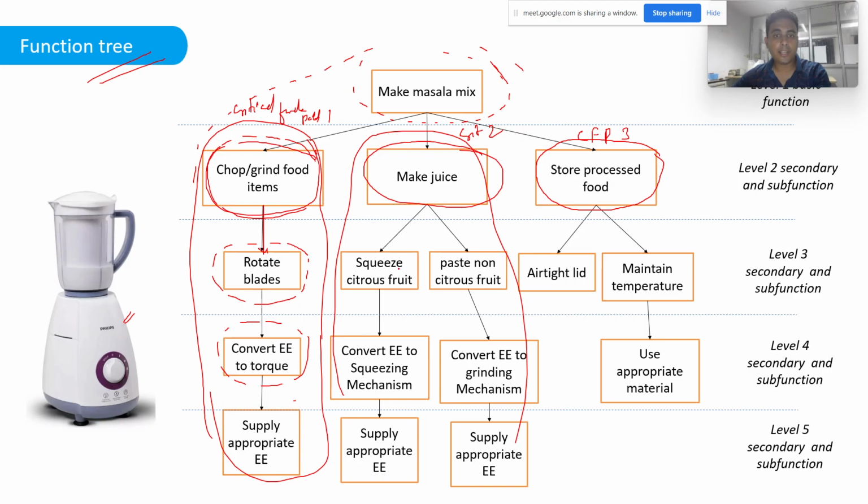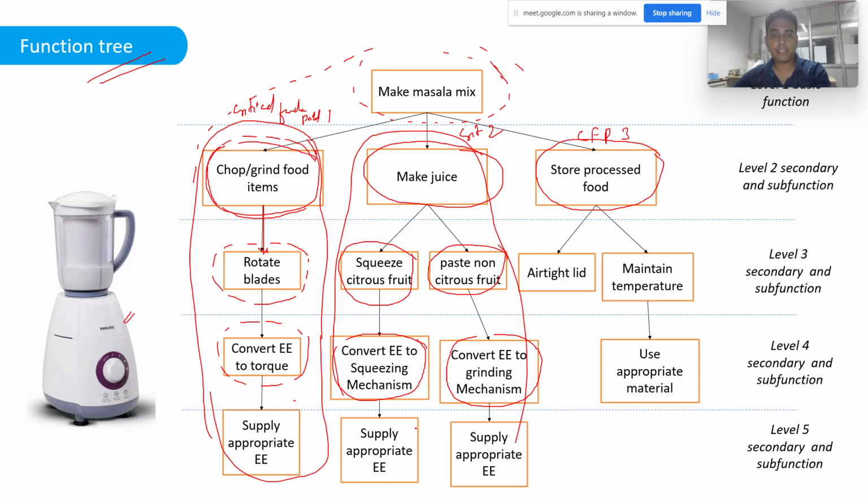For making juice, it can be a citrus fruit, which you need to squeeze. For a non-citrus fruit, you need to grind it. So you need to think about mechanisms to convert electrical energy to a squeezing mechanism, and for non-citrus, electrical energy to grinding mechanisms.